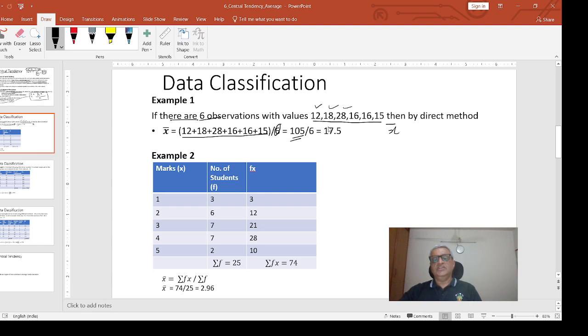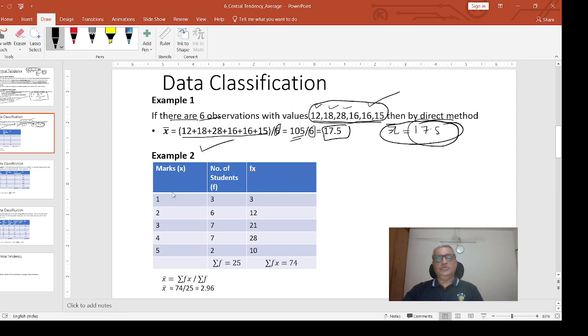The total is 105, divided by 6 is 17.5. So x bar is 17.5. 17.5 is the average for this set of observations, and almost all of the data clusters around 17.5, right?